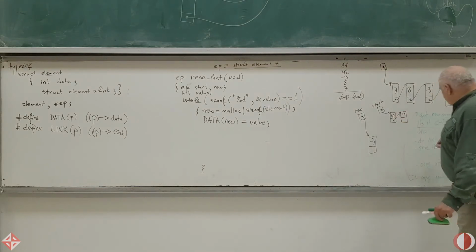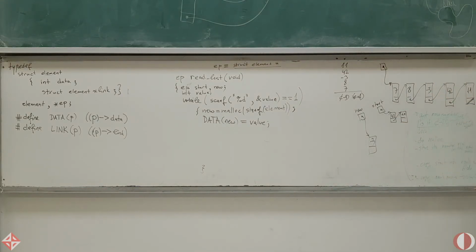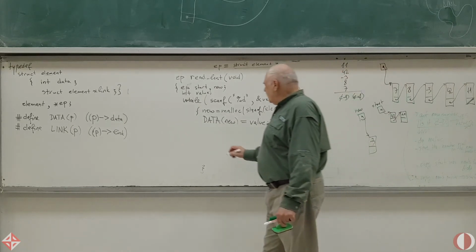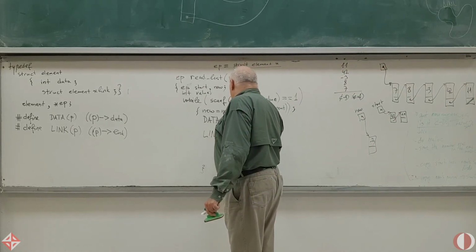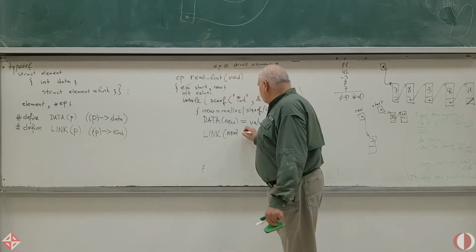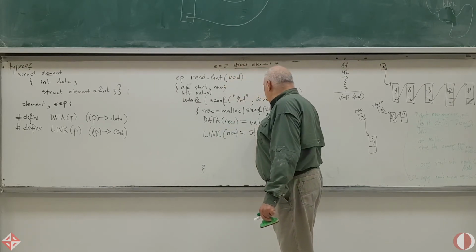Now, these stages, very careful. What does it say? Store the number read into the new malloc. Yes, we did it. Copy start into new's link field. Okay, let's do that. Link pointed by new shall receive a copy of start.